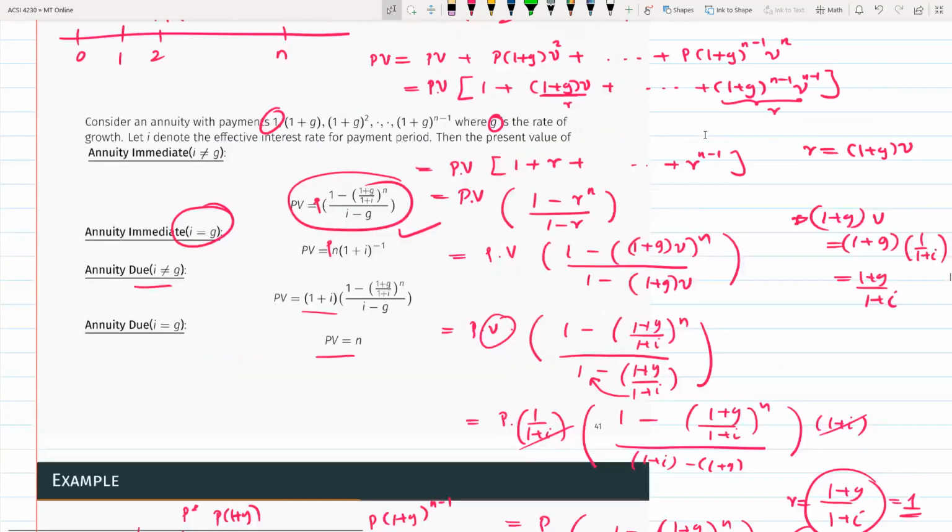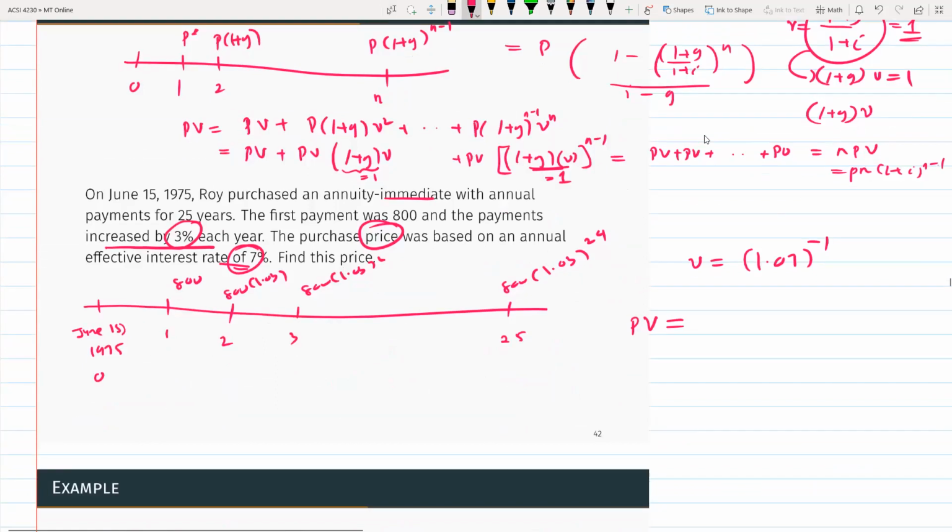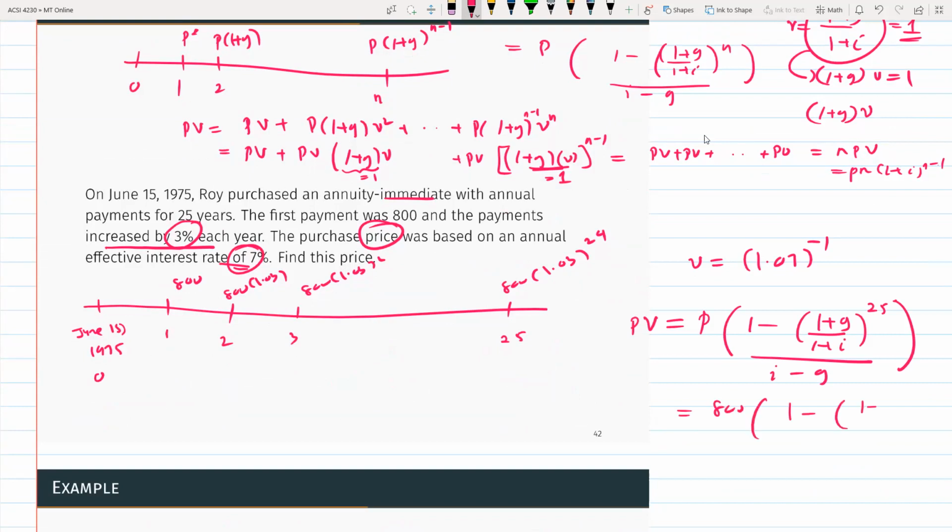So I'll apply the first formula. 1 plus G over 1 plus I, to the N, it's 25 years, over I minus G. P is 800, times 1 minus that. G is 3%, I is 7%.